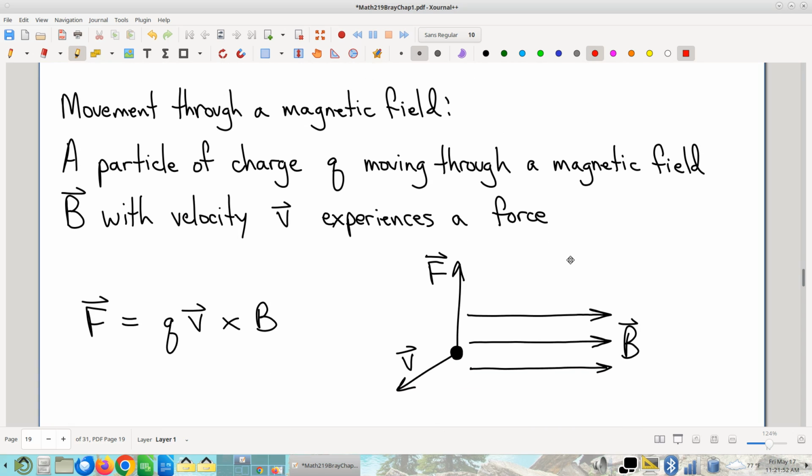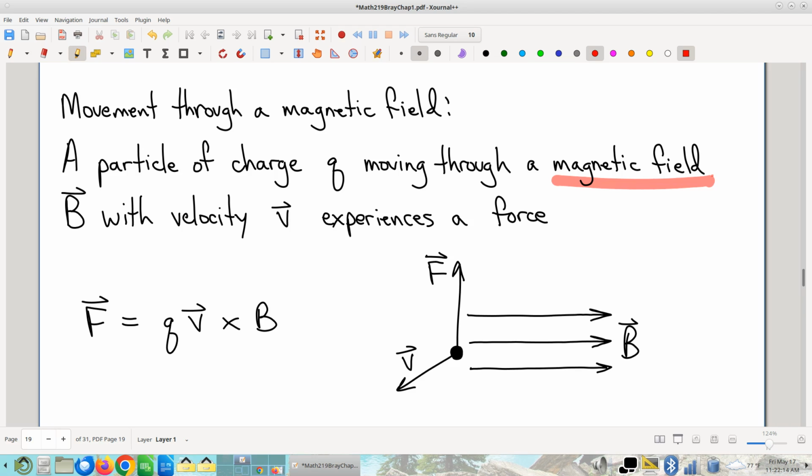Probably more relevant to what most of y'all are going to be seeing anytime soon is that what magnetic fields do is very conveniently described with cross products.